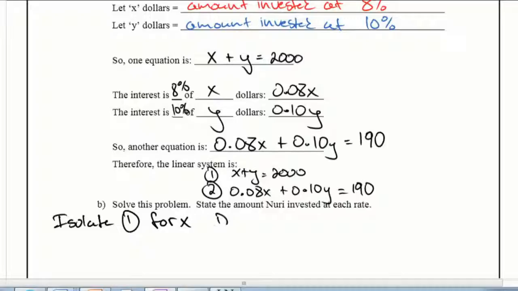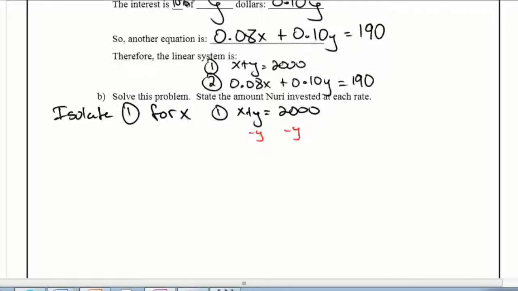Equation 1 was x plus y is 2,000. I'm going to subtract y from both sides, and I'm going to end up with x is equal to 2,000 minus y.